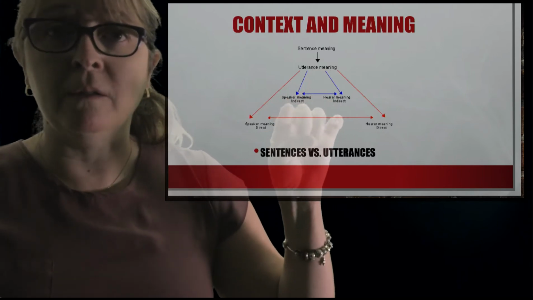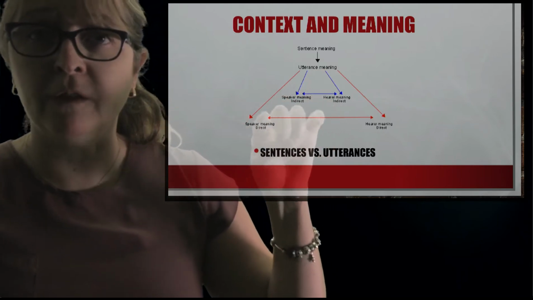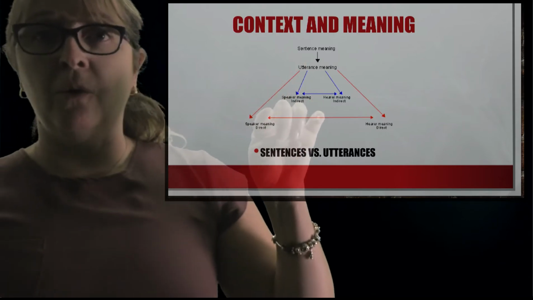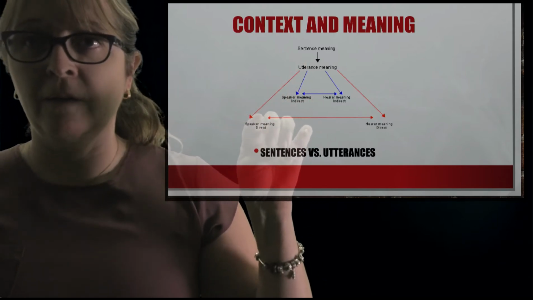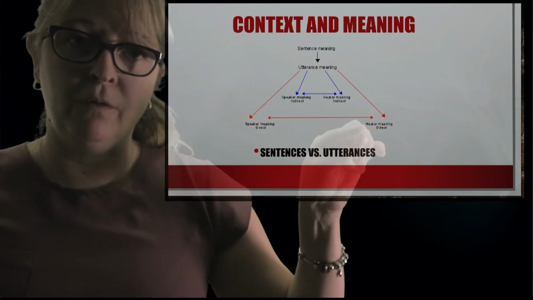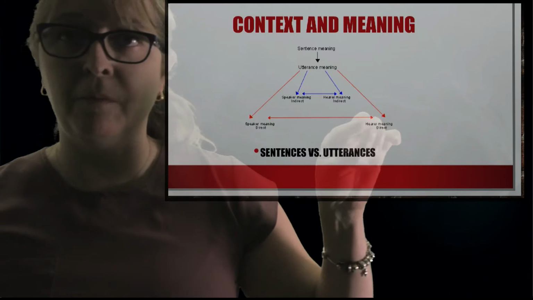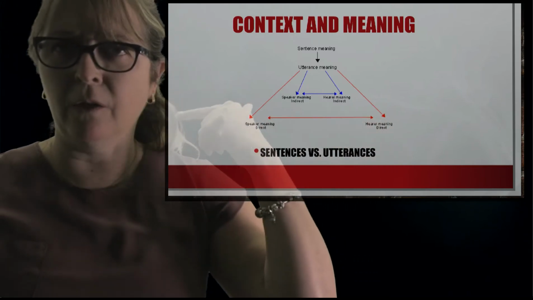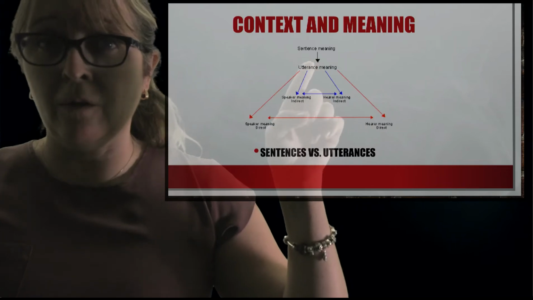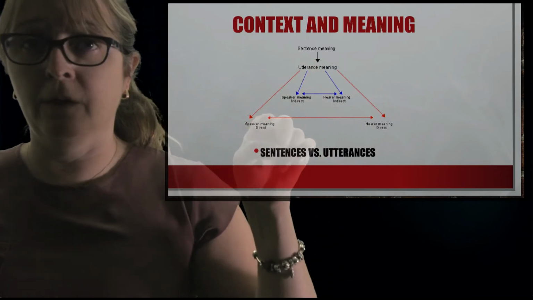What do I mean? Direct meaning and indirect meaning. So the direct meaning, my kids would get this. They would be over here with the hearer meaning. What do they hear? What do they perceive? You might want to take the trash out.